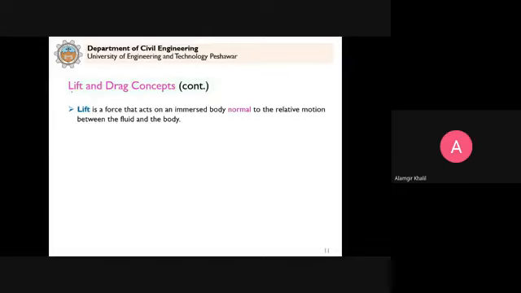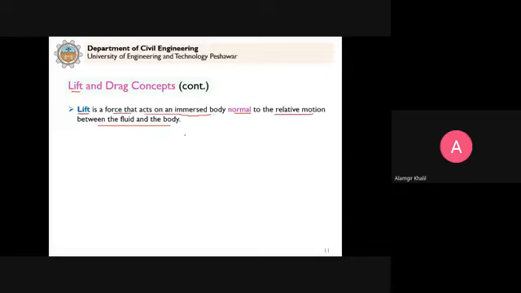Next, we come to the lift force. Lift is a force that acts on an immersed body normal or perpendicular to the relative motion between the fluid and the body.